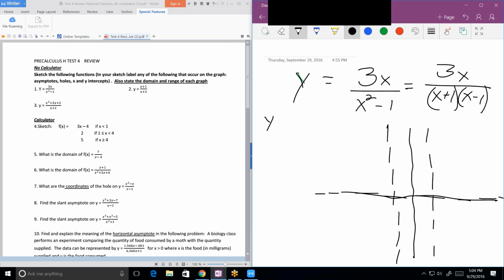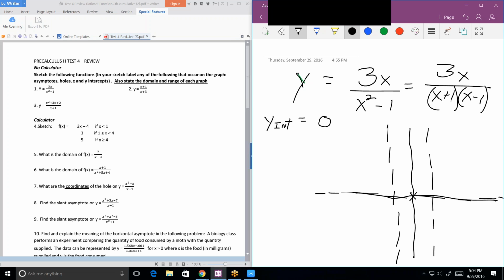How do you get y-intercepts? So x equals 0. What do you get here? You just get 0. Okay. So we know the curve has to go through that point right there at y equals 0. In other words, that's our y-intercept.